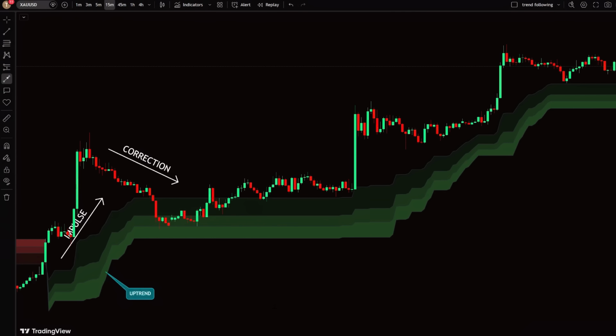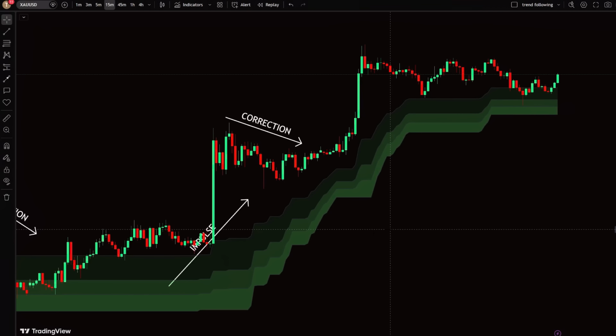The moves pushing away from the band are impulses, and the moves pulling back toward the Swing Arm band are corrections. So if price is moving up, any downward retracement into the band is a correction wave, and any move pushing away from it is an impulse wave. That distinction is important because everything in the Fibonacci logic depends on isolating only one of those phases.